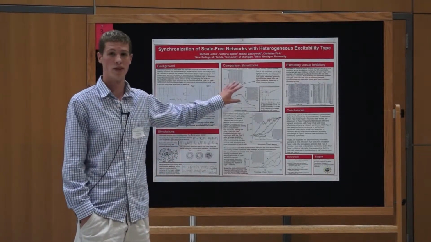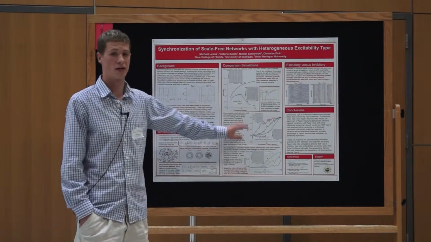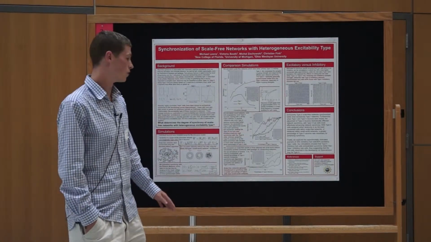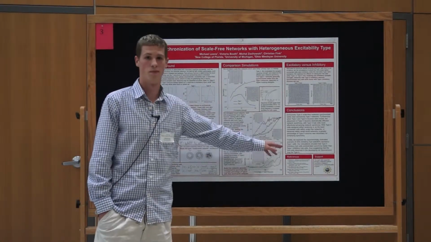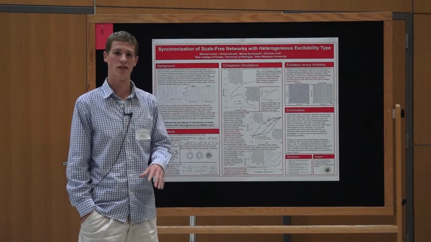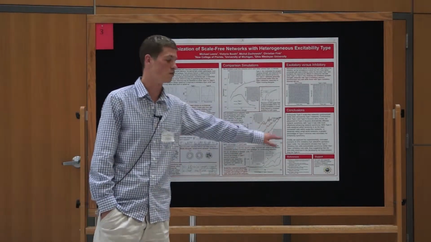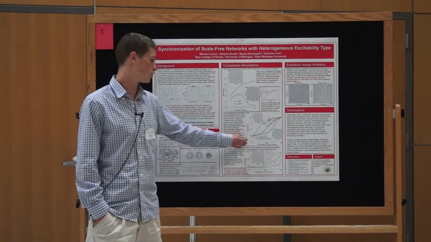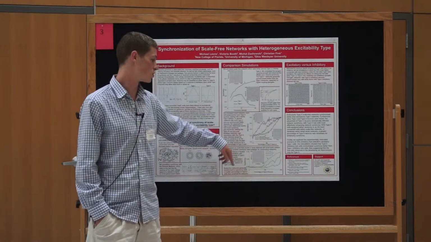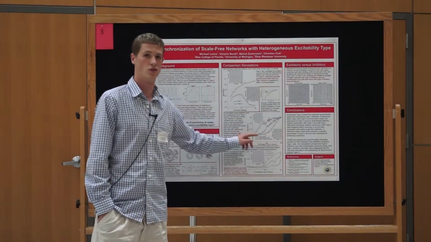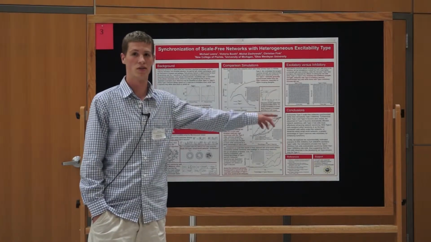So going forward with that information, we started to mix networks. What we did was we had a whole spectrum of percentage of type 2 neurons in a network, going from fully type 1 to fully type 2. And for every simulation, we measured synchrony. We saw that as we added type 2, in general, the synchrony increased.